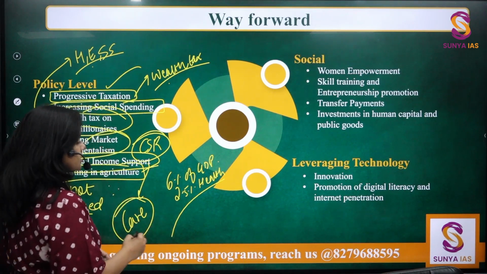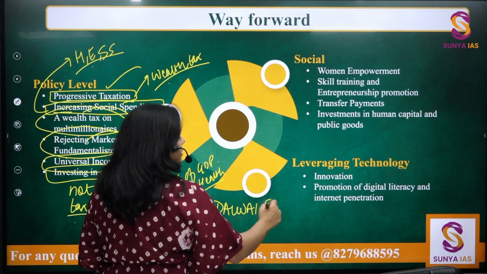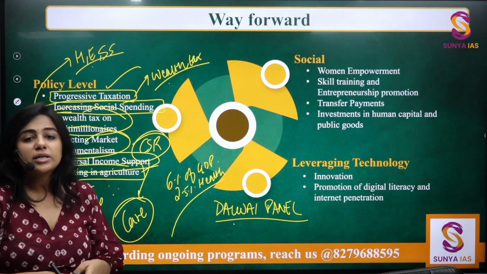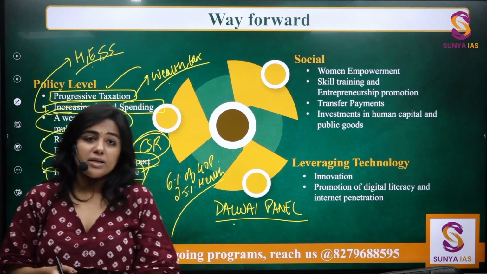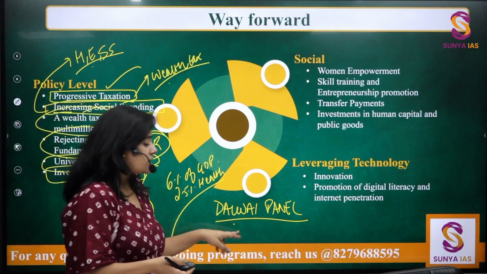So there is this Dalwai panel on doubling farmers' income by 2023-24, which is of course not happening now. Earlier it was 22-23, but doubling farmer income was the aim.